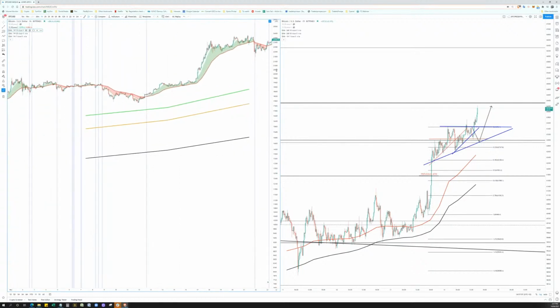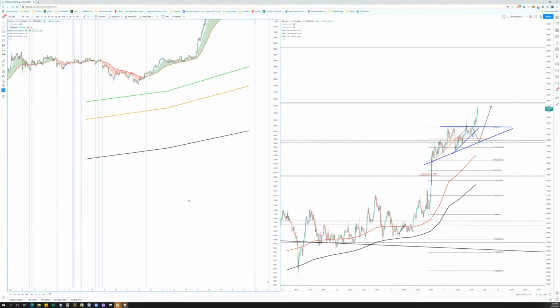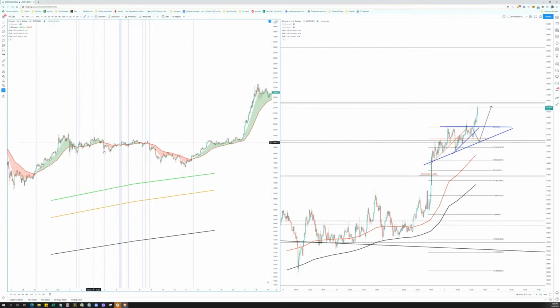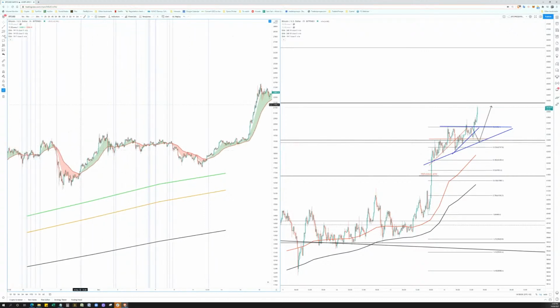Come on, zoom in. All right, so you can see this structure. Okay, get my pen out. That's where we've got the 13/50 EMA cross. This is really slow. Come on. I need to close more.